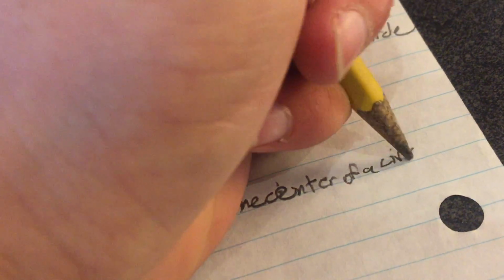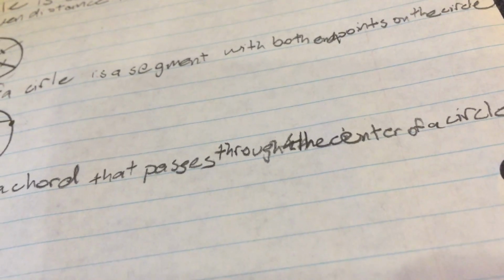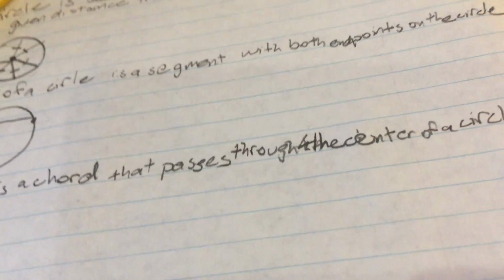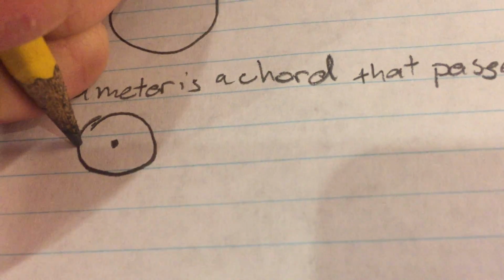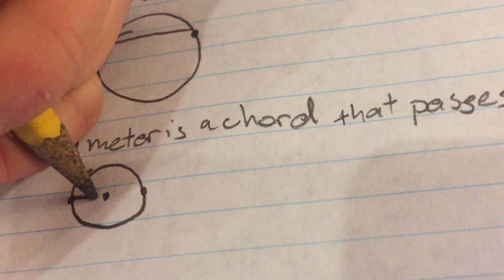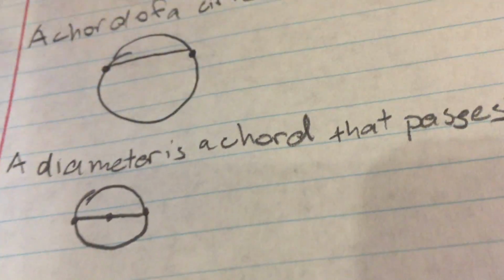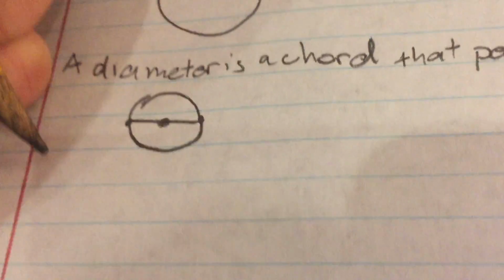All these are in your Springboard, page 9 and page 334, I think. So let's draw a diagram of this. So this is a circle. This is the center, and you see two endpoints on the circle. It's a chord, and now it's also a diameter because it passes through the center.